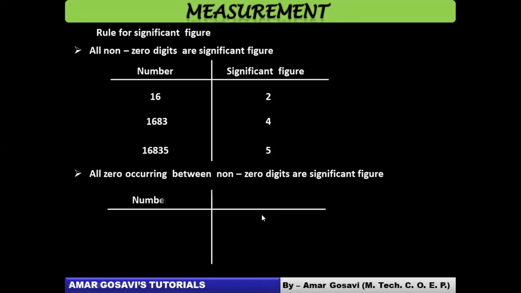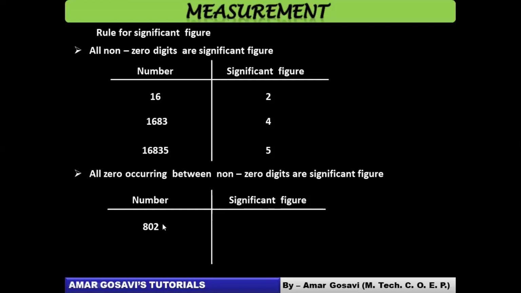Let's talk about the number and significant figures. The first number, 802. Have you observed this number? 8 and 2 are non-zero, and there is a 0 in between the two non-zero digits. So whenever you come across a 0 between two non-zero digits, you will consider that 0 as a significant figure.